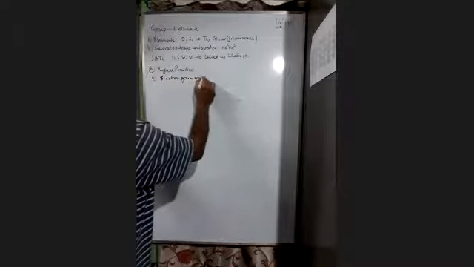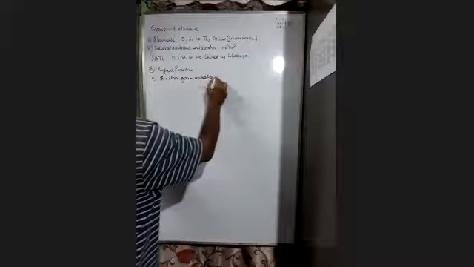Mind it, dear, electron gain enthalpy does not depend upon electronic configuration. It is negative. So you can write that the negative electron gain enthalpy value of group 16 elements is more than corresponding group 15 elements. So it is not ionization enthalpy.